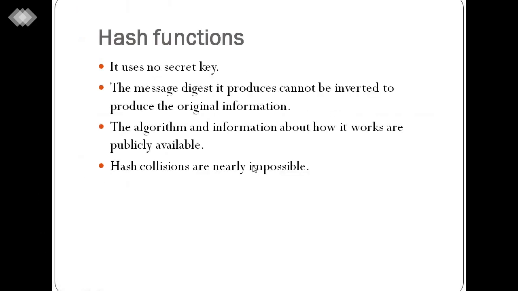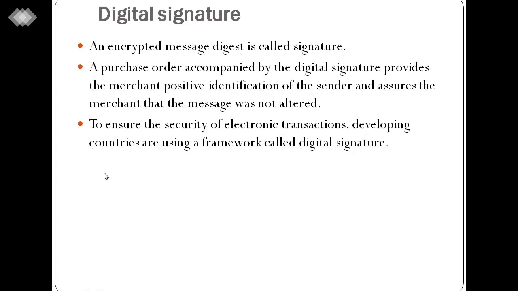Next, we learned about some properties of hash functions: they use no secret keys, the algorithm and information about how it works are publicly available, collisions are nearly impossible, and the message digest cannot be inverted to produce the original information. After that, we learned about digital signatures.